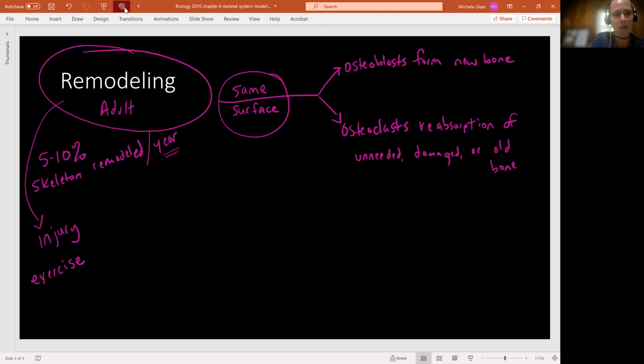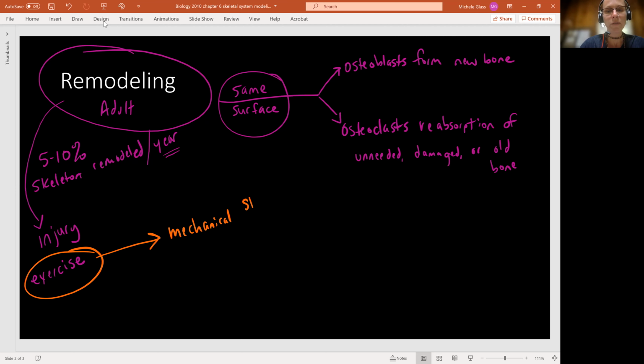When we talk about exercise having an influence on remodeling, what we see is that mechanical stress, so this is the physical activity, working your muscles pulling on your bone, actually increases the deposition of mineral salts and collagen fibers.